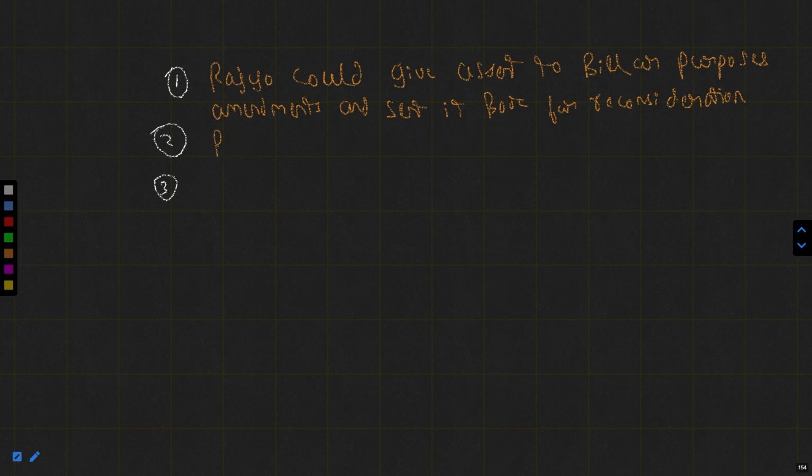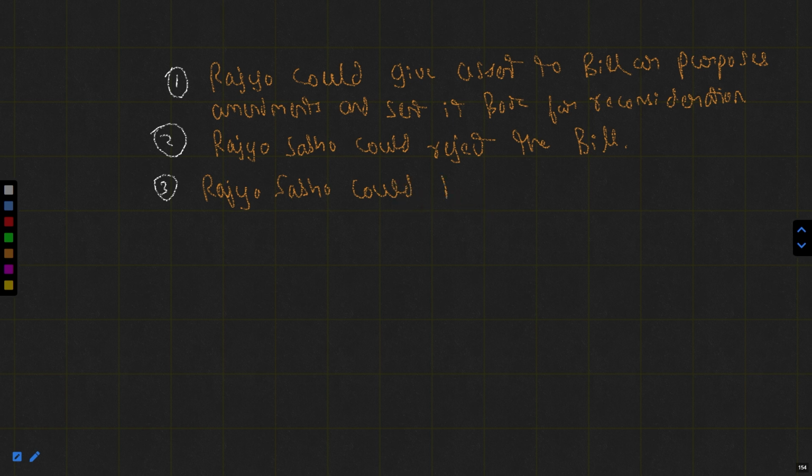Second case, the Rajya Sabha could reject the bill. Okay. Third case, the Rajya Sabha could hold the bill for 6 months.